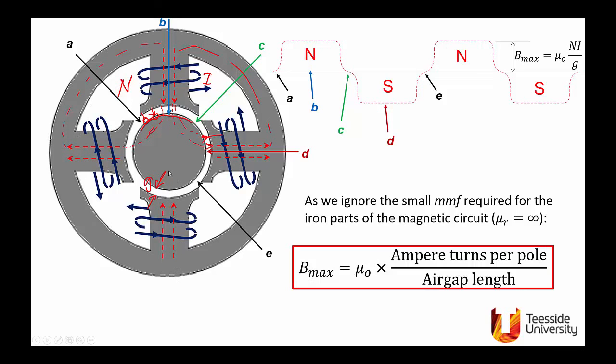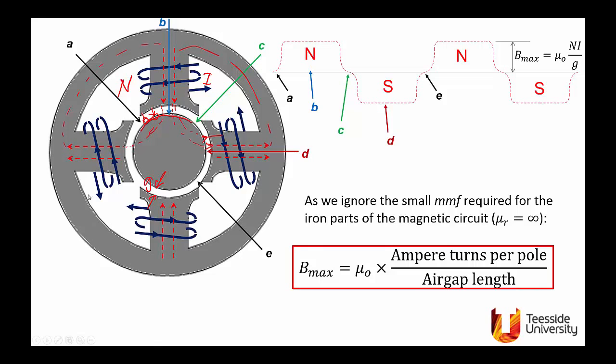Doesn't matter how complex the shape is. This is a 4-pole. The previous slide was 2-pole. You can extend the geometry to any number of pole pairs, and you can use the simple expression to calculate the maximum flux density in the air gap.